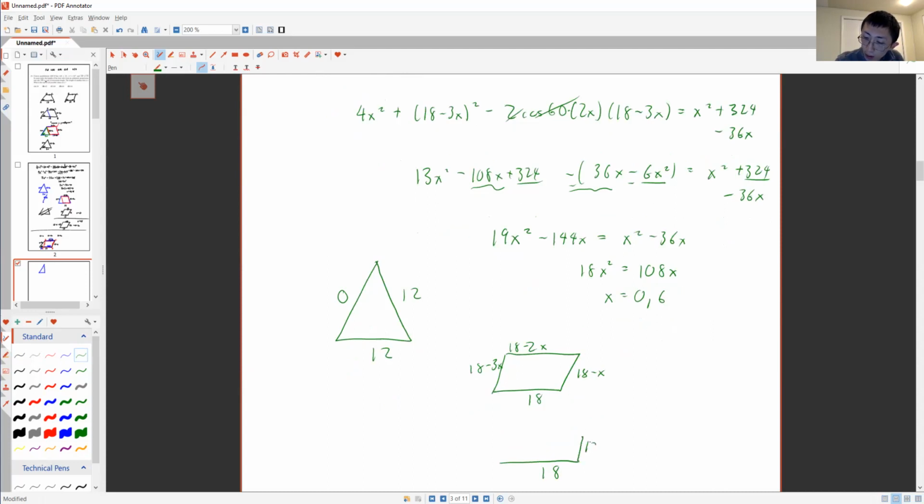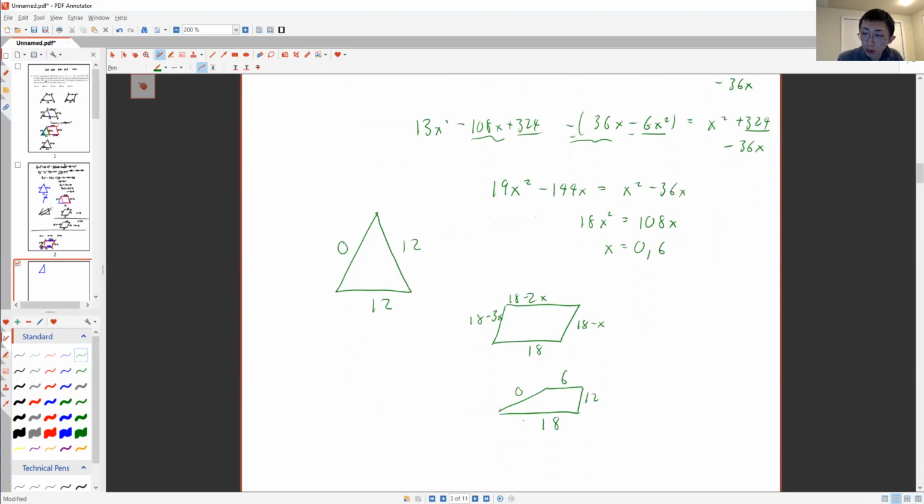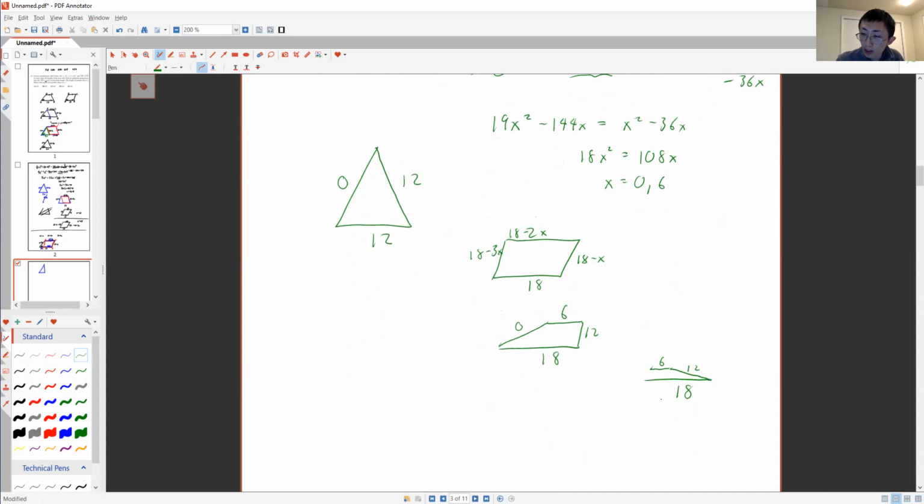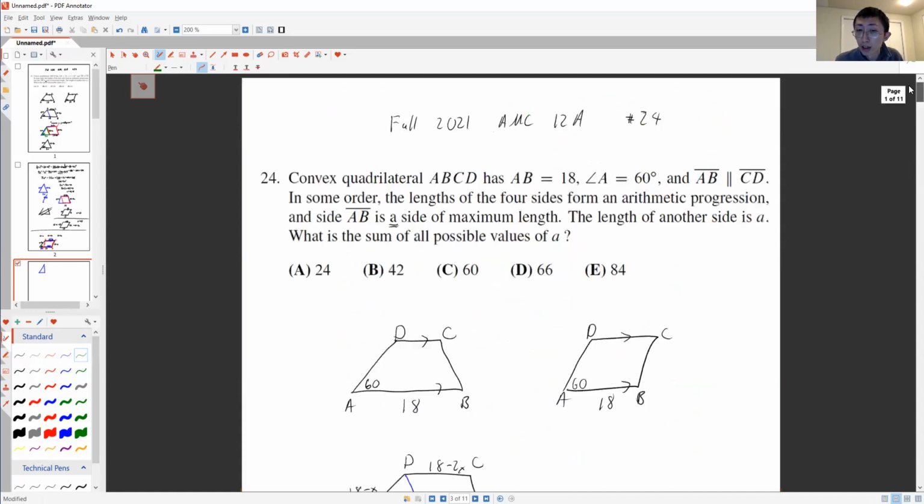This is 12. This is 6, and this is 0. So really, it's just a degenerate quadrilateral and also a degenerate triangle, because you have a stick of length 18, a stick of length 12, and a stick of length 6, and it collapses to a degenerate triangle with side lengths 6, 12, and 18. So that's not a convex quadrilateral like the problem was saying. So we should ignore that case.